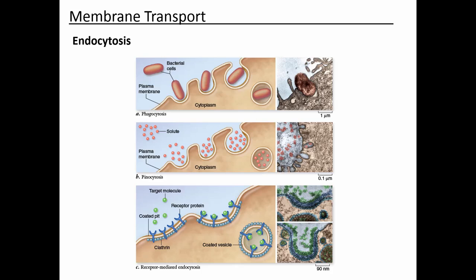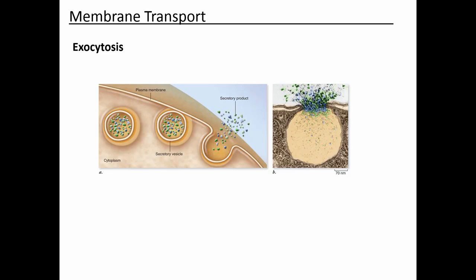Okay. So exocytosis is a process that involves vesicles where you're going to release something from the cell. Something's going from inside the cell to the outside of the cell.